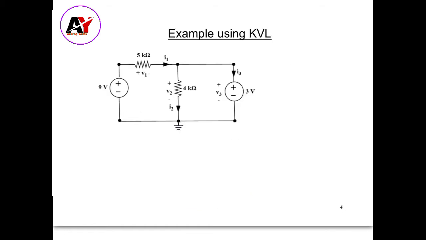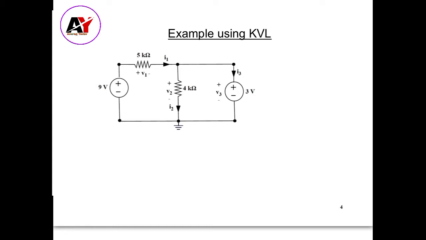Let's look at how Kirchhoff's voltage law works by applying it to this example. The 3-volt source and the 4 kilo ohm resistor in this example are clearly in parallel, because you can see that they share this common node and this common node. And we know that elements in parallel have the same voltage.